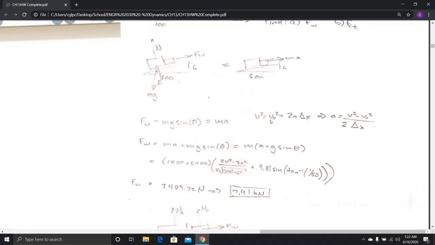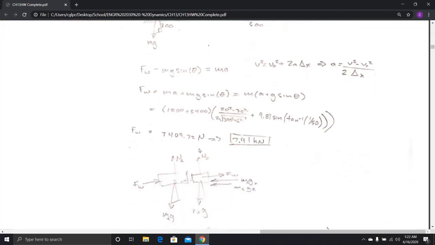Since I don't have time, I use the kinematic equation involving delta x, which is given, and I'm able to find the acceleration. I then isolate the force of wheels and plug in all of my variables to find that it is about 7.4 kilonewtons of force.